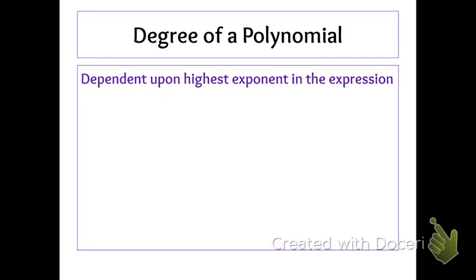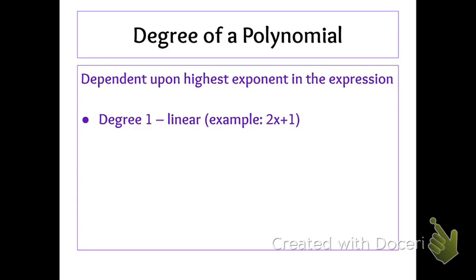Coming back to this idea of degree a little bit more clearly, we said that this has to do with the exponent. There are a couple of specific names here. The first degree is linear, and an example of that is 2x plus 1, because the variable part, the x, has an exponent of 1.